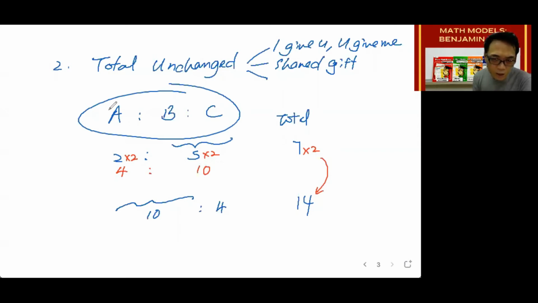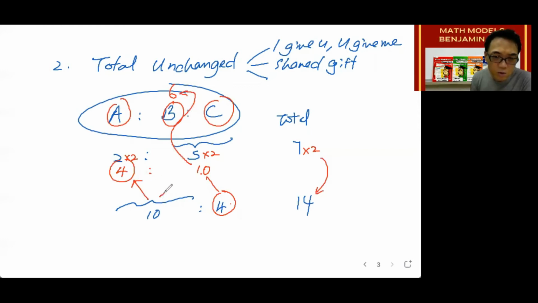Now, as you can see, A is therefore 4, C is also 4, and that means B is now 10 minus 4 to get a 6. This would be a shared gift.